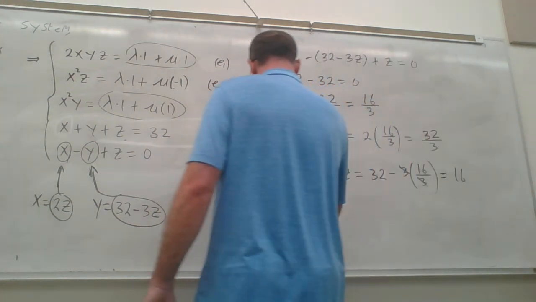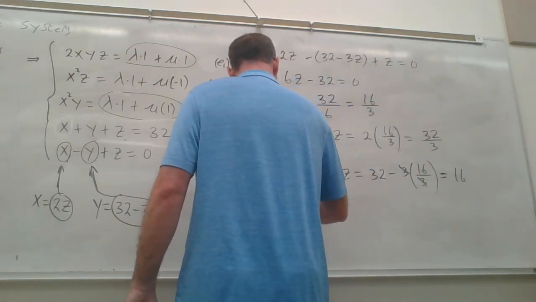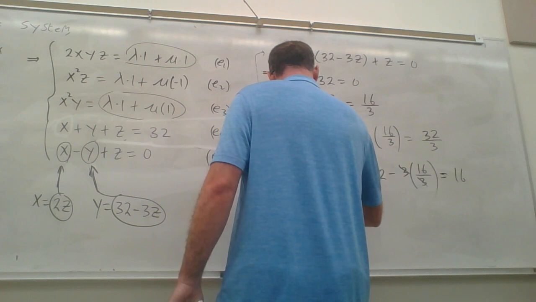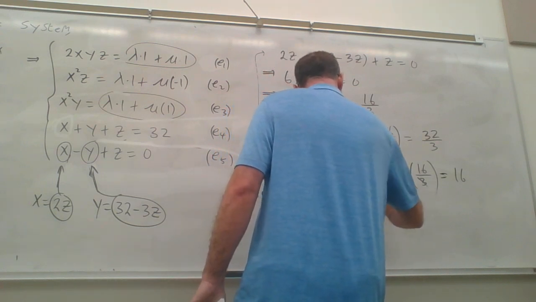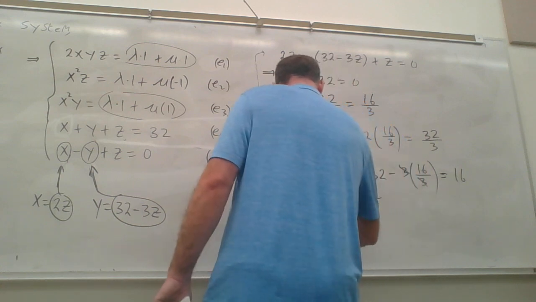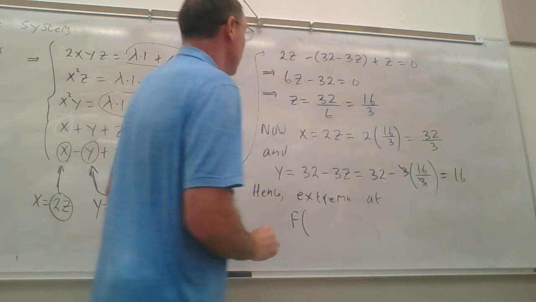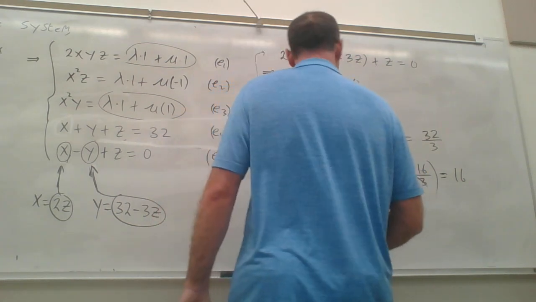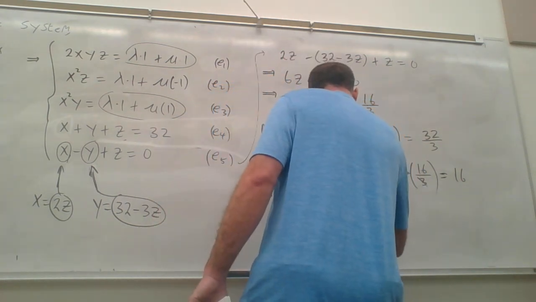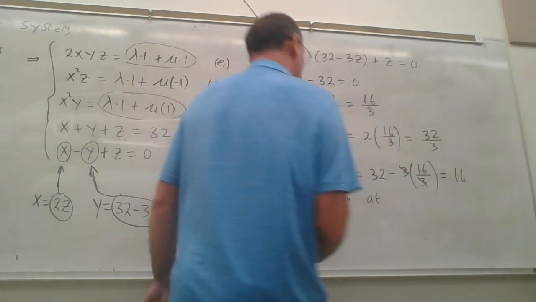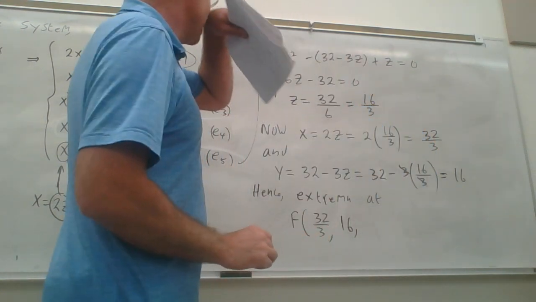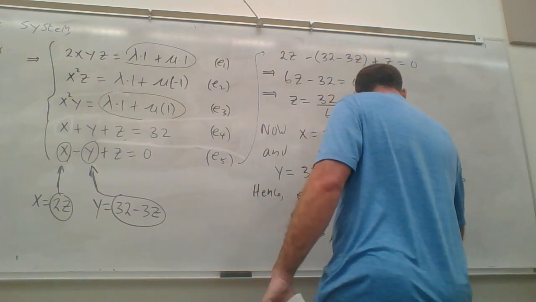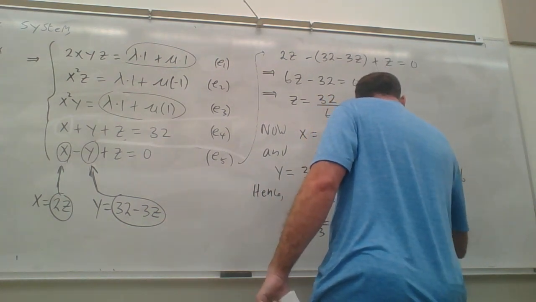So hence, the extrema is at f of, so our x was 32 over 3, our y is 16, and our z is 16 over 3.